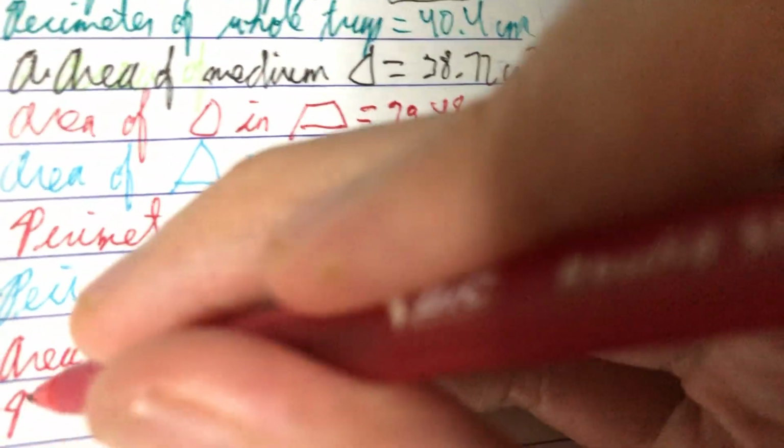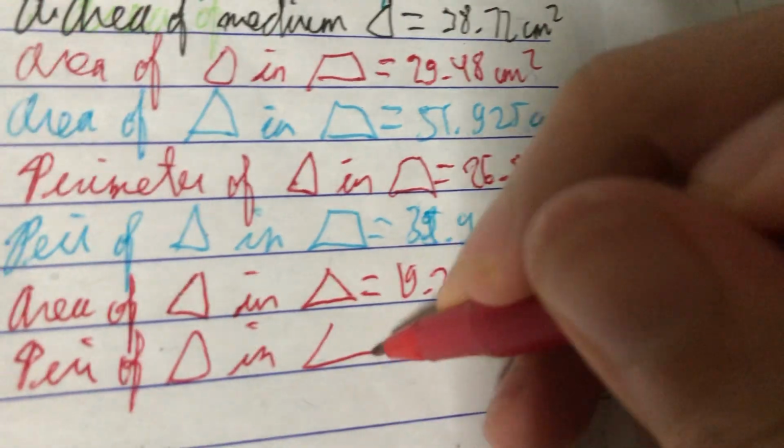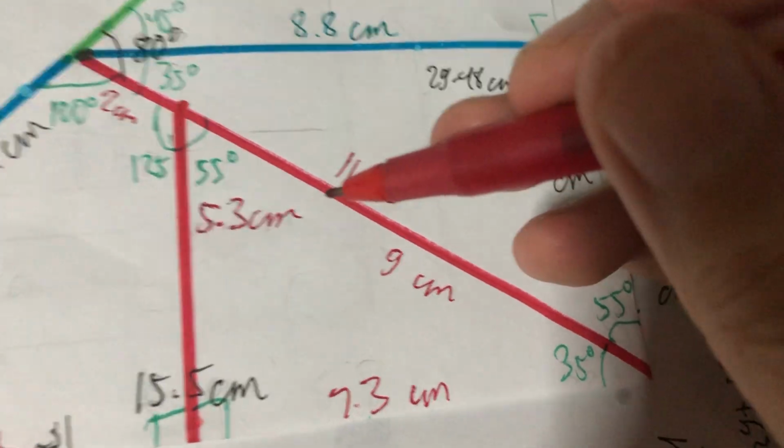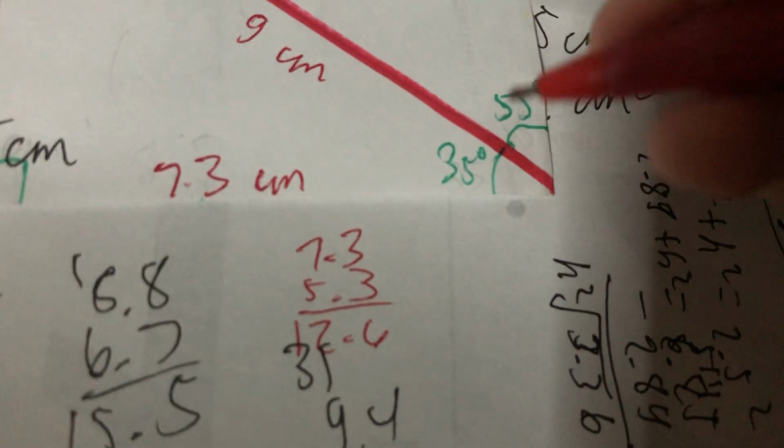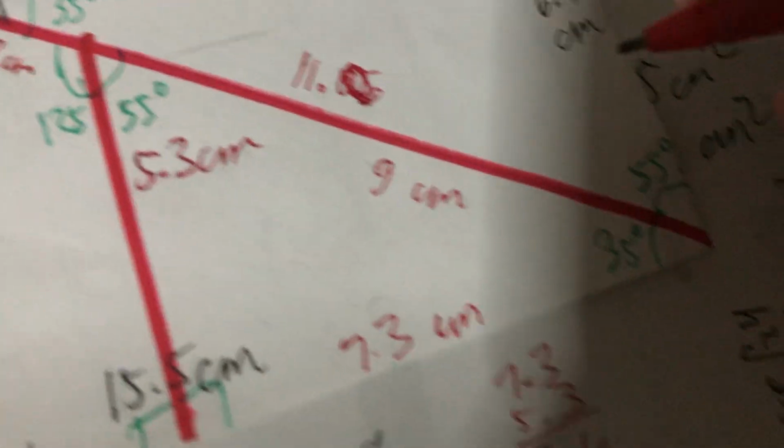Now, for the perimeter of this guy, we should get, ano yung kinuha namin? 7.3 plus 5.3, madali lang yan. 12.6, di ba? Plus 11, plus 9. 21.6. So yun, we got it.